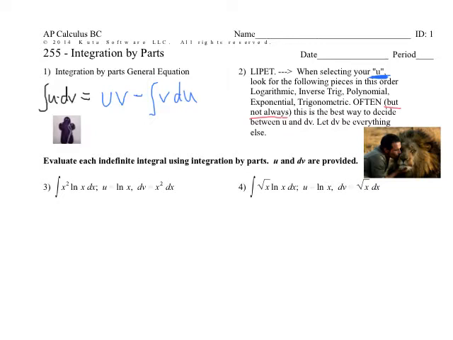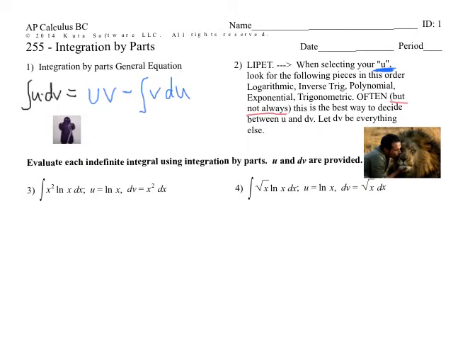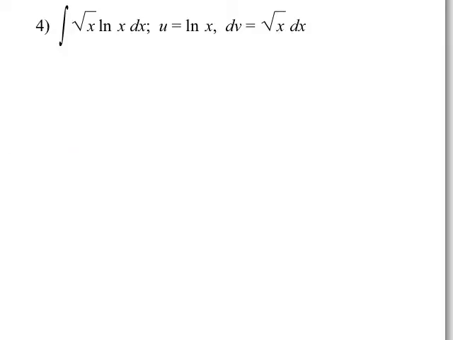So for this worksheet, I'm going to walk you through the even numbers, and you can do the odd numbers. So I'm going to zoom in. Let's fix this. Number 4. They start out by giving us our u and our dv, which is kind of nice. You won't get that from me on the skill test. But if we used our LIPET, we would have found logarithmic was our first piece.